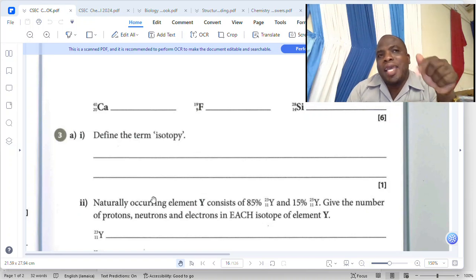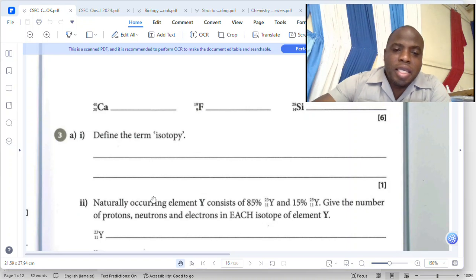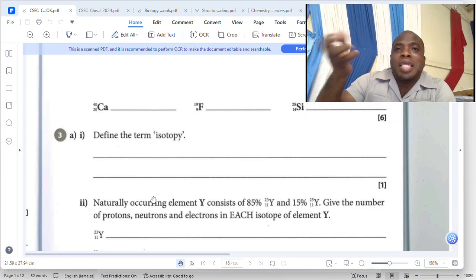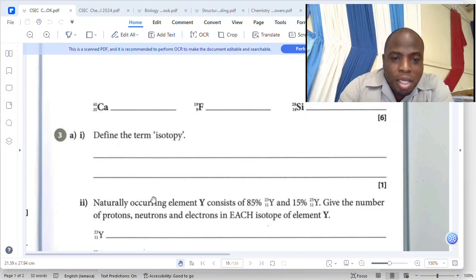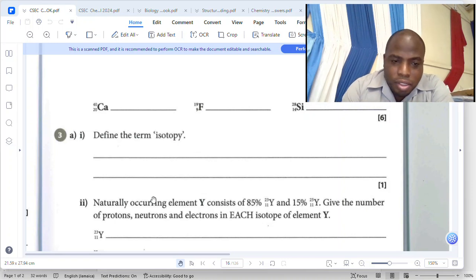Because while they have different mass numbers, the protons are the same, which means each atom that's an isotope will have the same number of electrons, and the electrons are going to be arranged similarly in all of these isotopes. So they will have similar properties.